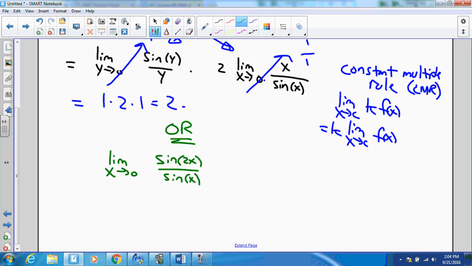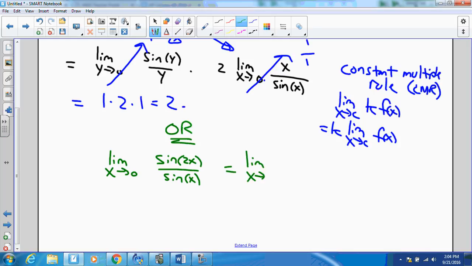Question. Focus just on the sine 2x right here. Do you know anything that sine 2x is equal to? I like doing the trigonometric identity. Sine 2x equals 2 sine x cosine x. That's it.